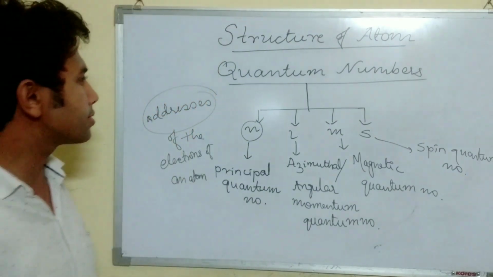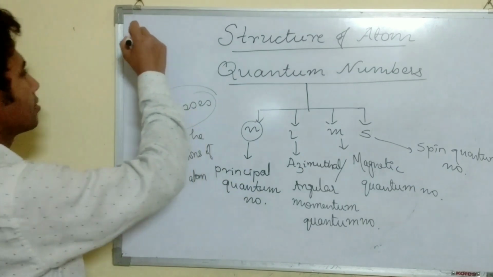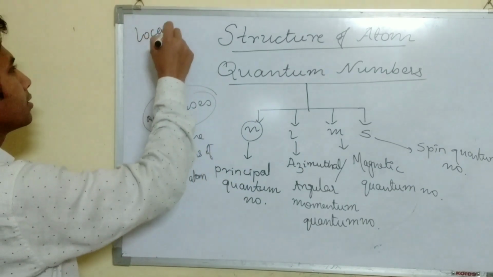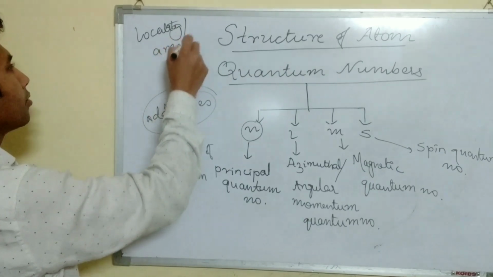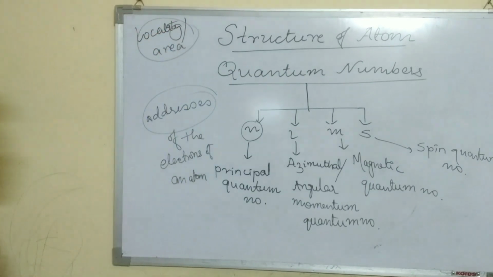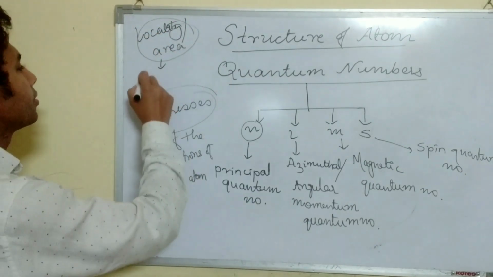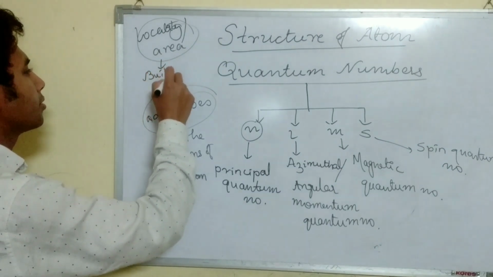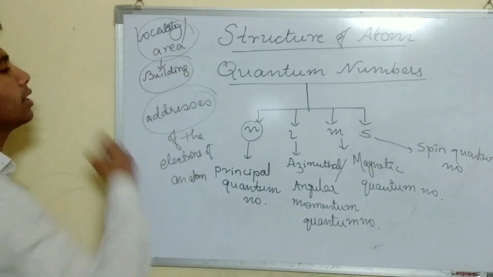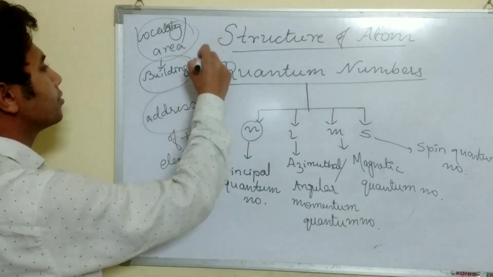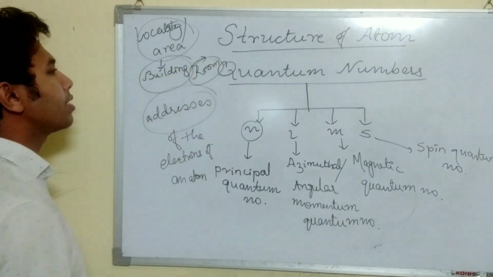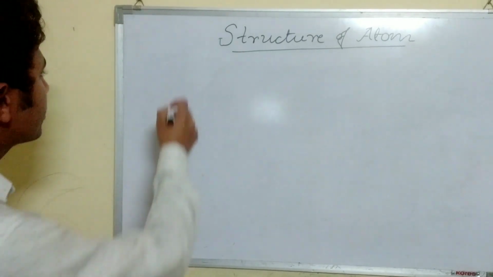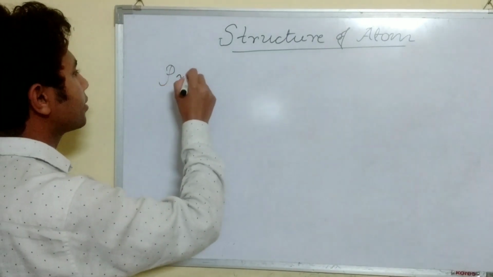We have to search his locality or area where he lives. Then we have to go to the building in which he lives. Then we have to go to the room of the building where he lives. So we'll start with the principal quantum number first.